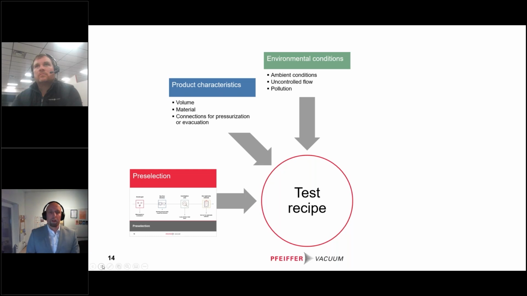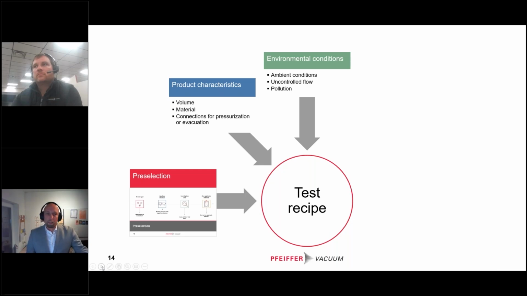The two first points I mentioned, the ambient conditions and uncontrolled flow, are much more important when we talk about air leak testing, as a flow of cold air over the surface of the air leak testing setup can really alter the result of the pressure decay or pressure rise method, as well as the temperature decrease due to a sunbeam resting on the testing station over the day, or increasing ambient temperature in your production hall because it's summer.